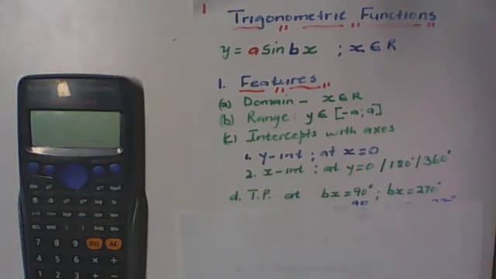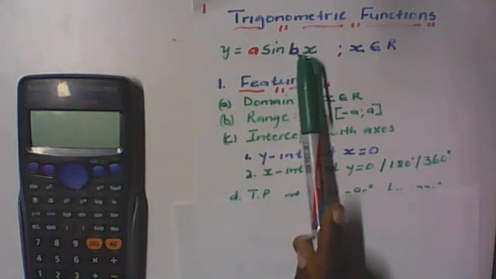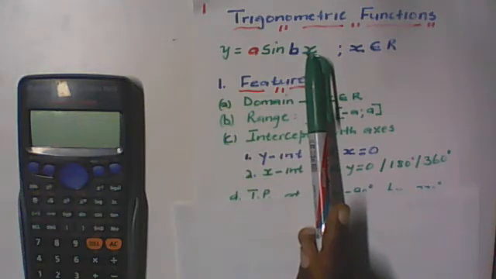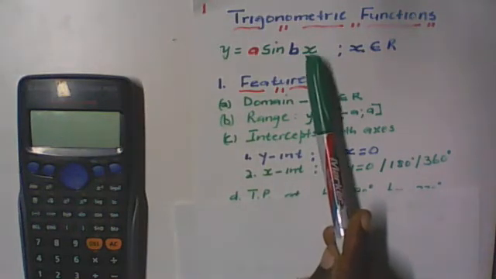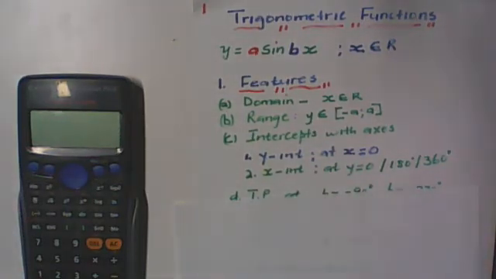So next, we get the turning point. Now for the turning point, look at this. We have bx. In order to find the turning point, you have to concentrate on bx. Bx is an angle. B is the numerical coefficient of the reference angle. So what happens here?